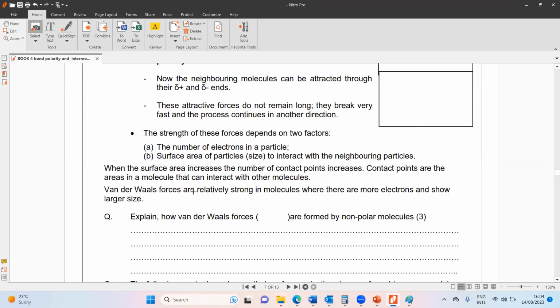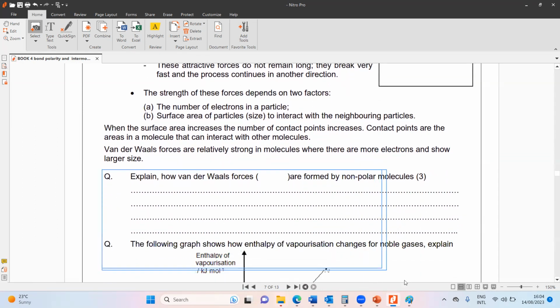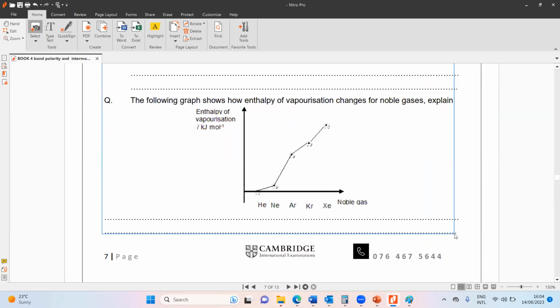Van der Waals forces are relatively strong in molecules where there are more electrons and a larger surface, larger size.